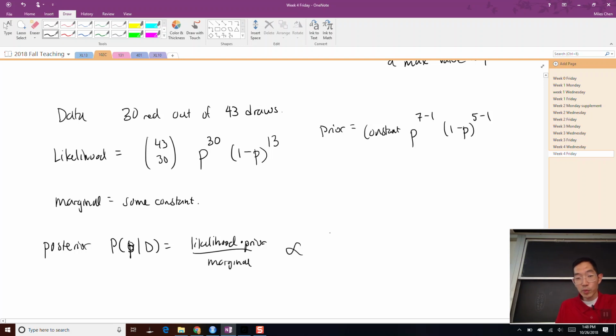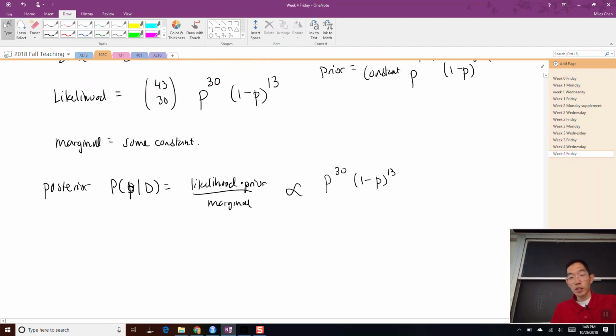And that's just going to be proportional to P raised to the 30th, 1 minus P raised to the 13th, times, and then again, because I'm just doing proportional, P raised to the 7 minus 1 and 1 minus P to the 5 minus 1, exactly.